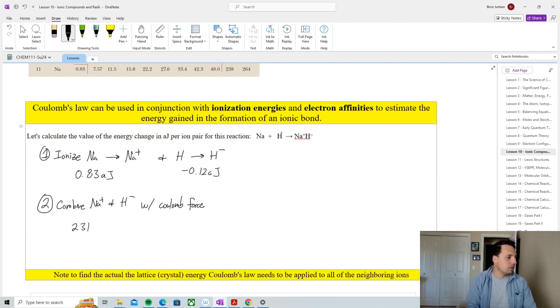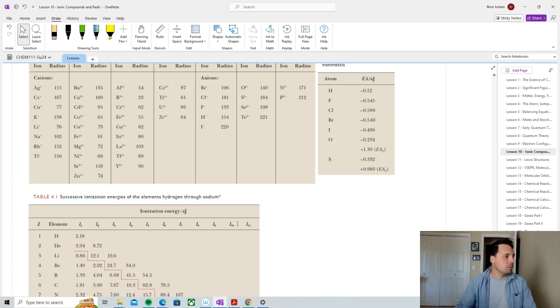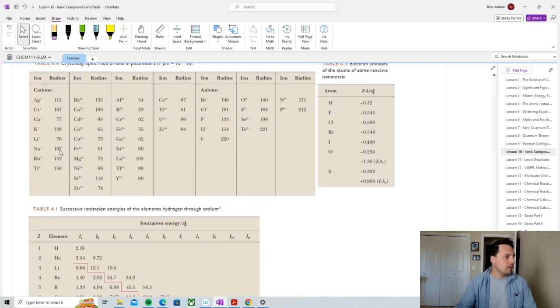Now we got 231 as our proportionality constant. Q1 is plus 1. Q2 is negative 1. And then the distance between these, well, sodium plus has a 102 picometer distance, and hydrogen should be small.